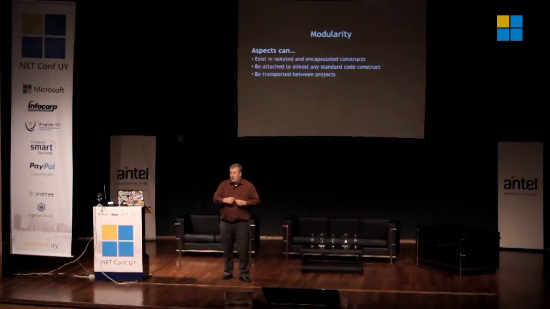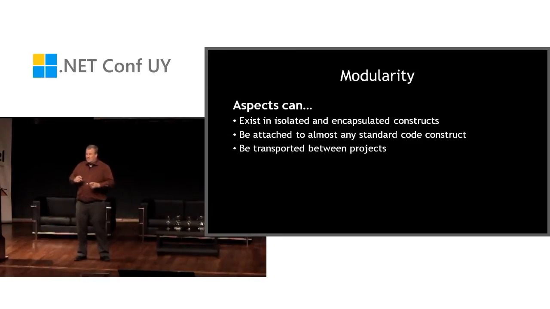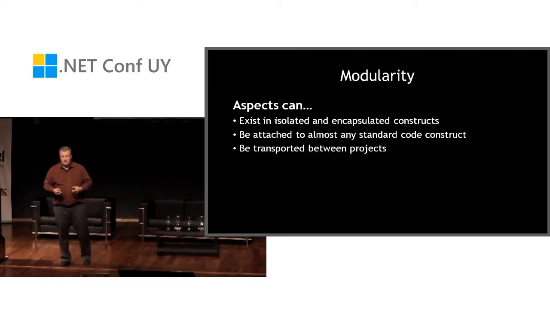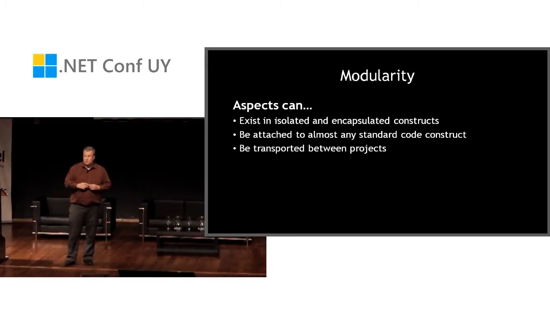It should do logging. It should do database transaction management. It should do injection of the INotifyPropertyChanged pattern, things like that. Only one thing. If you write your aspects well, which I don't suggest you try to do straight off, you can move them from project to project.